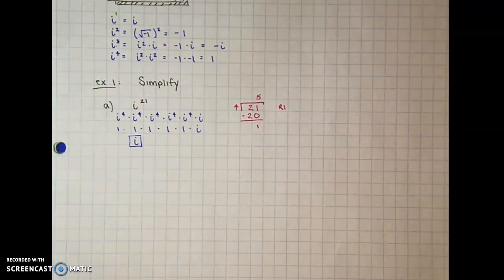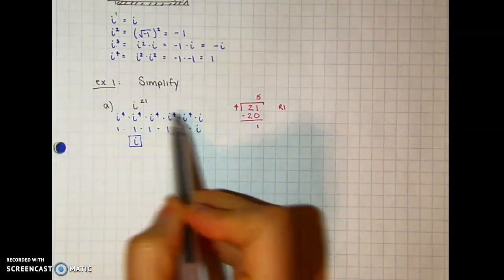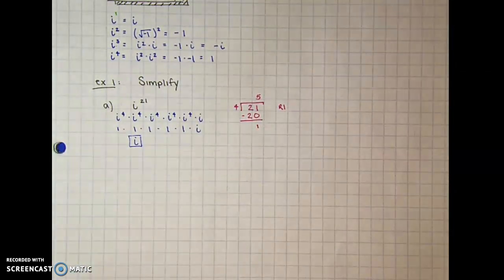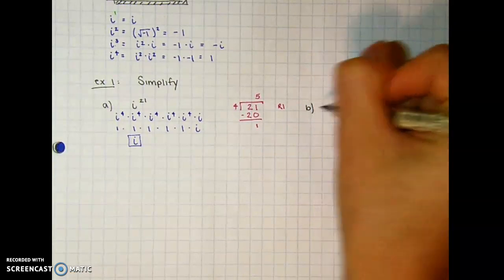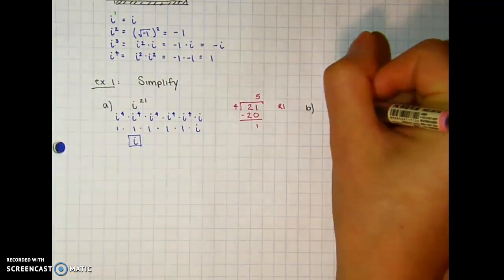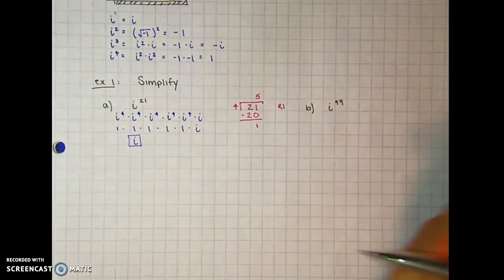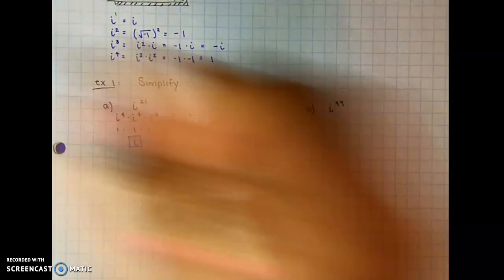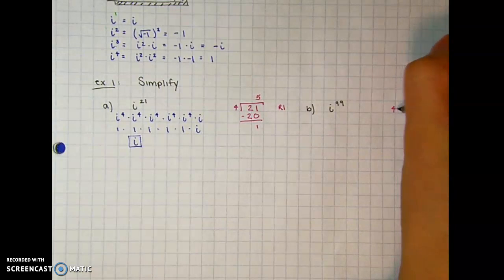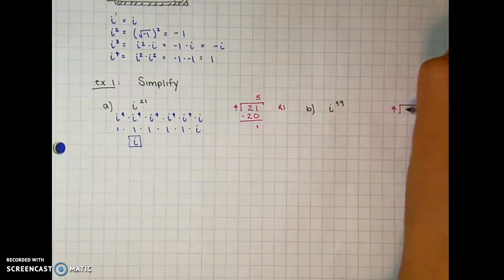So let me show you another example without writing all this out. i to the 99th power, right? Because we don't even want to write i to the 4th out that many times. That's just ridiculous. So how many times does 4 go into 99?